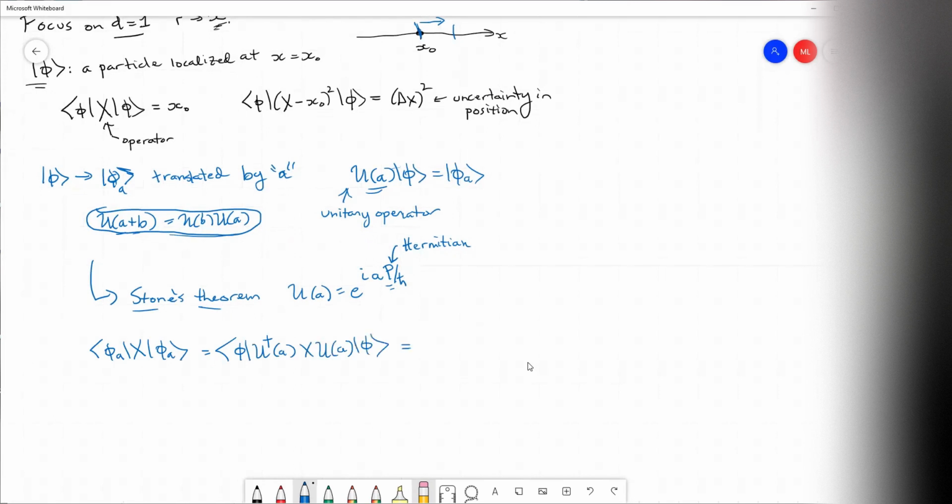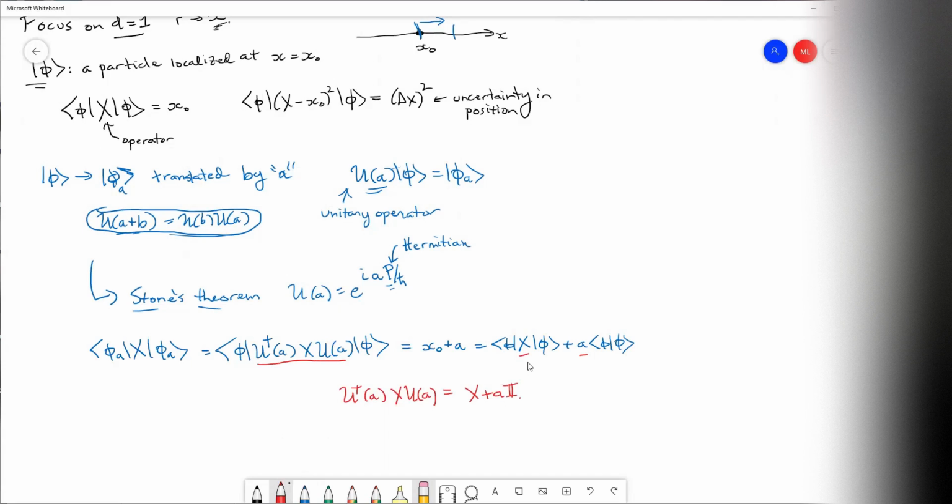And this must all be equal to the translated position, which is x naught plus a, which itself is the expectation value of the original operator plus a, for a normalized state. So putting that together, you see that you must have U dagger of a, X, U of a equal to X plus a times the identity.